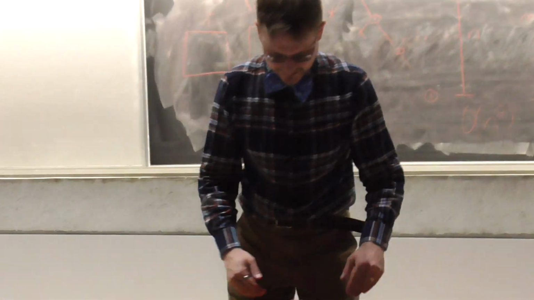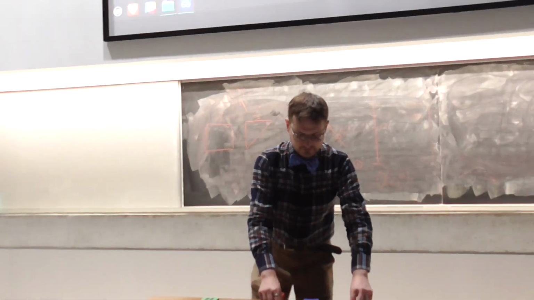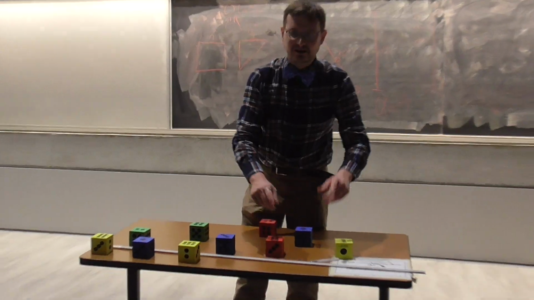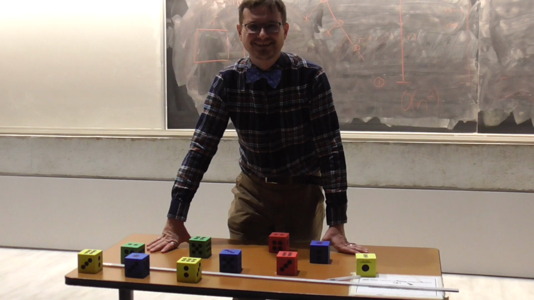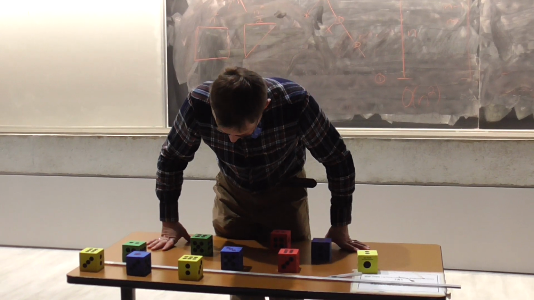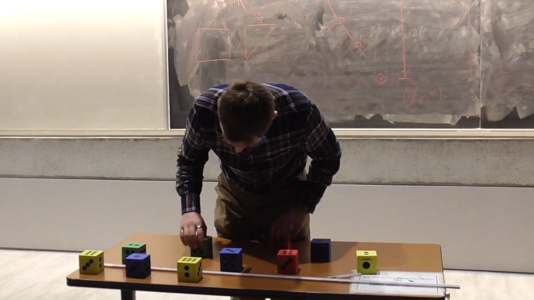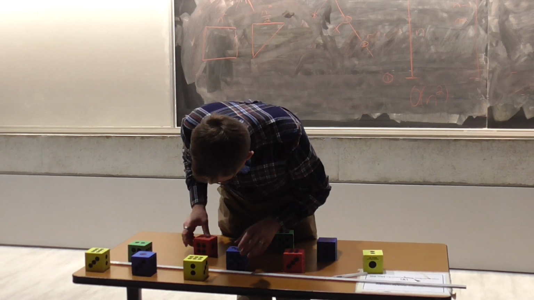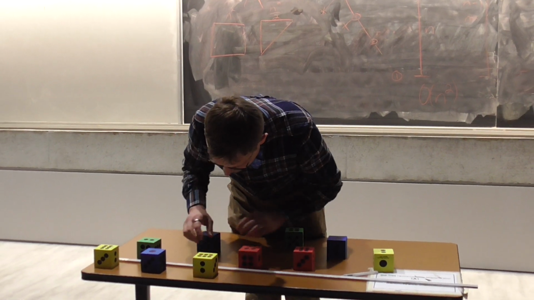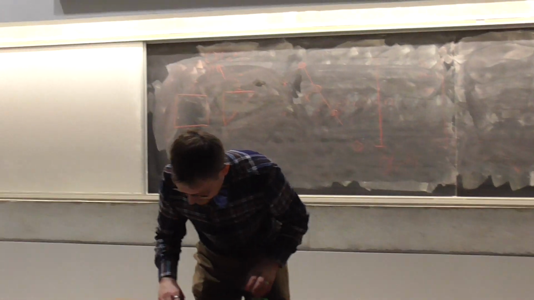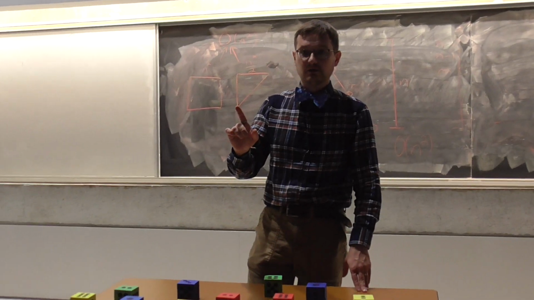Yeah, oh, sorry. Look at the front of the die. That's the numbers I'm sorting on. Yeah, so this guy has to go, and this guy has to go, and that's good.